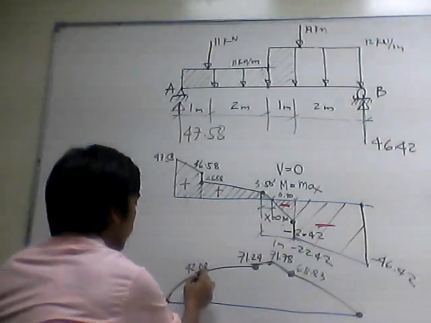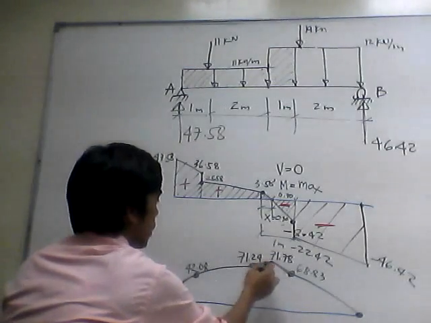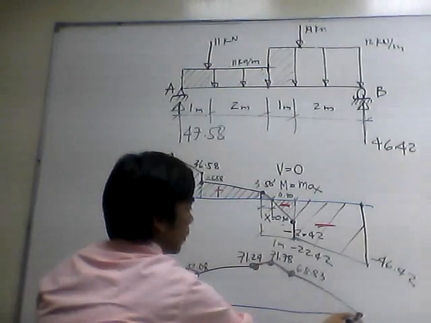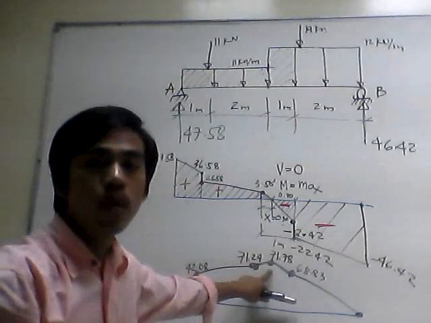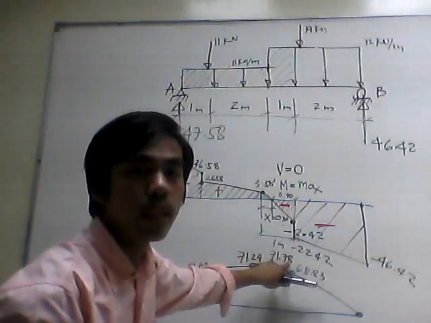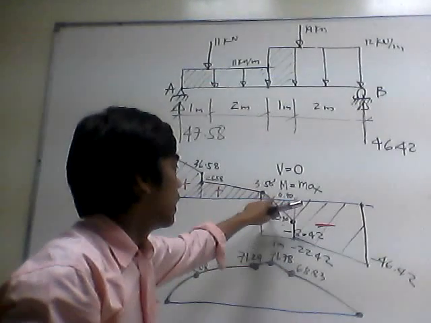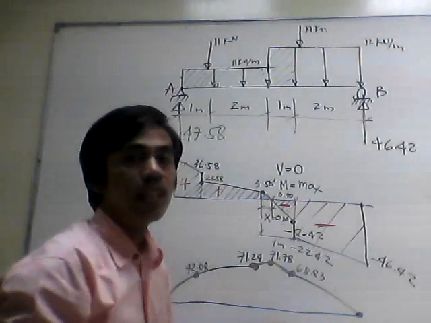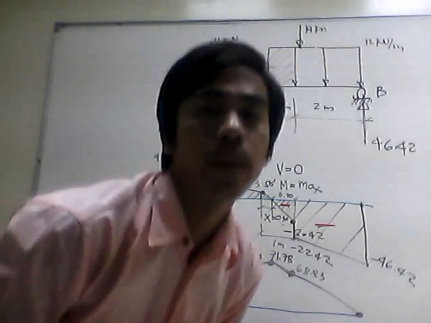Okay, so these are the important values of the moment. This is our maximum moment. Our maximum moment is 71.78 kilonewton meter at this point of 0 shear.